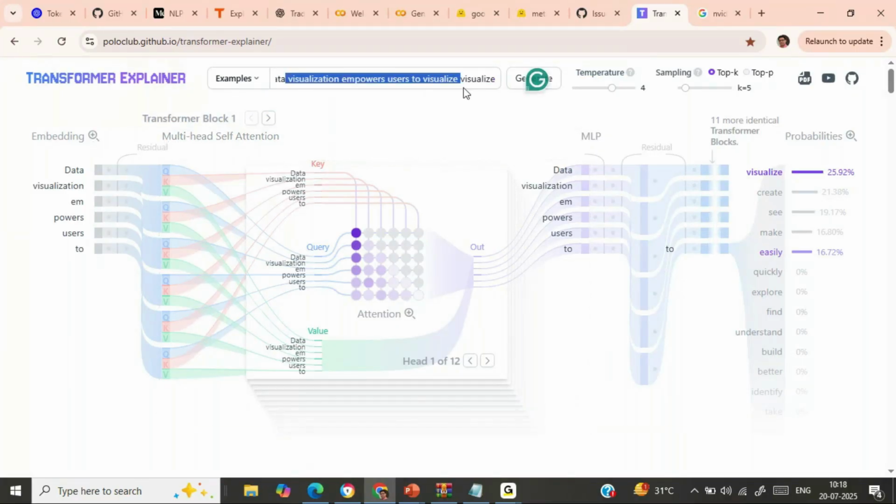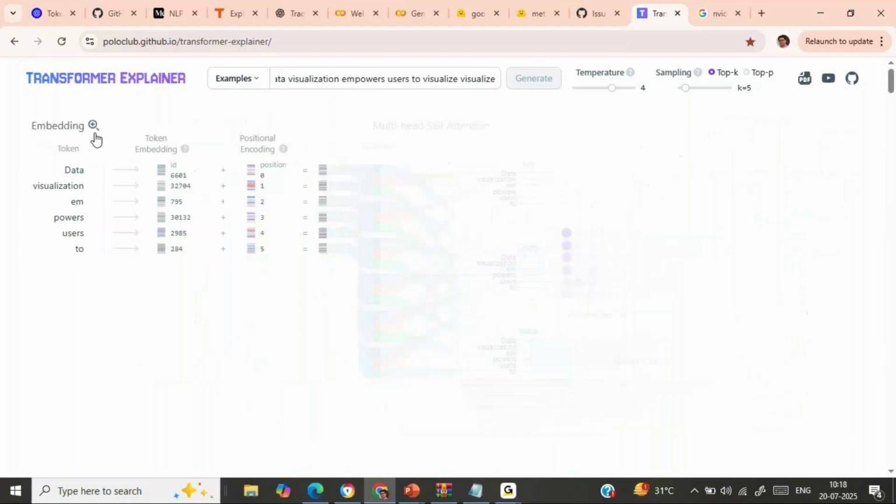If I'm passing a certain sequence of tokens, these are nothing but tokens. Okay, and just have a look over here at what is happening. So these are nothing but data visualization, empower, and over here which type of tokenization mechanism is used? Subword. Sub-word level tokenization.